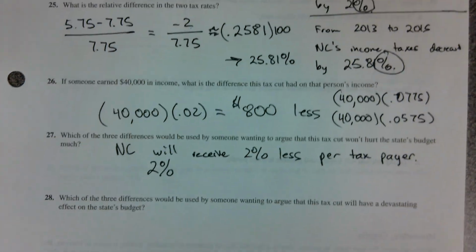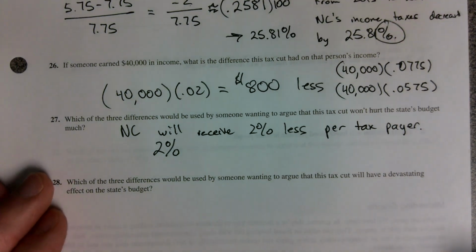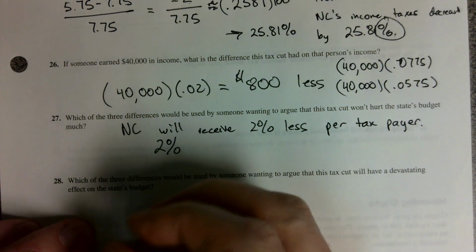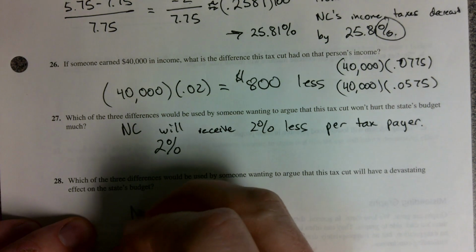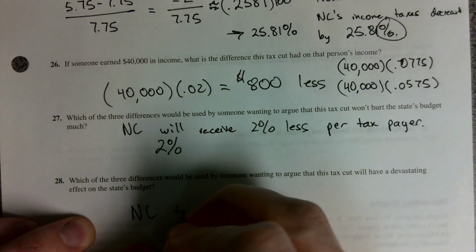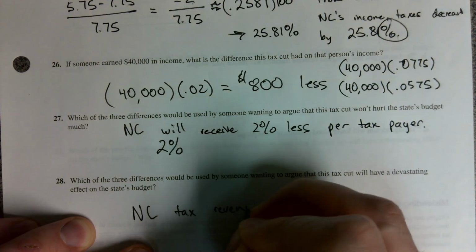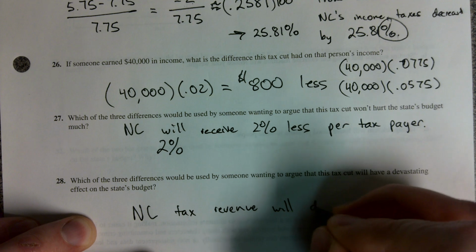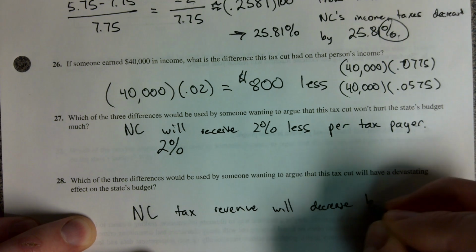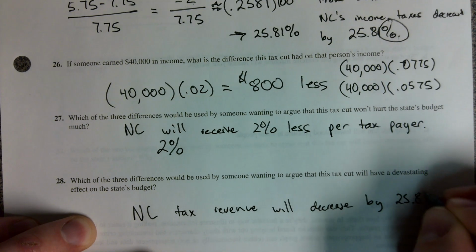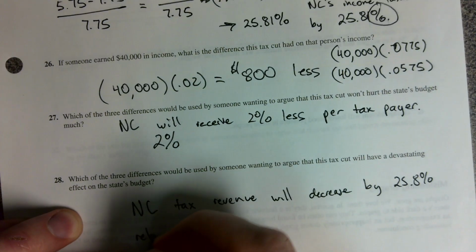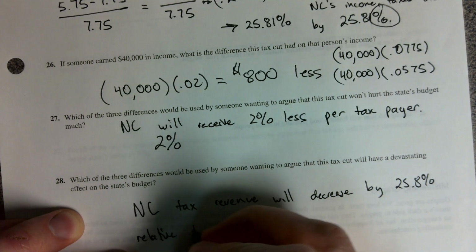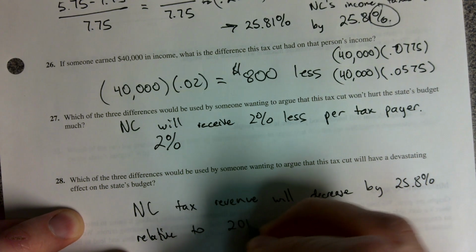If we wanted to say it's going to have a devastating effect, we might say NC's tax revenue will decrease by 25.8% relative to 2013.